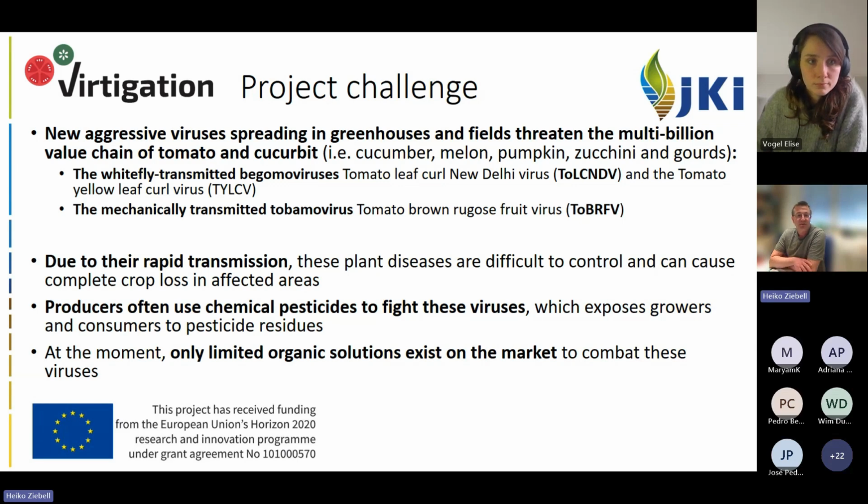Due to their rapid transmission, these plant viruses are difficult to control and cause complete crop loss in affected areas. In the case of whitefly transmitted viruses, producers often use chemical pesticides to fight these viruses, and this may expose growers and consumers to pesticide residues. At the moment, only limited organic solutions exist on the market to combat these viruses.